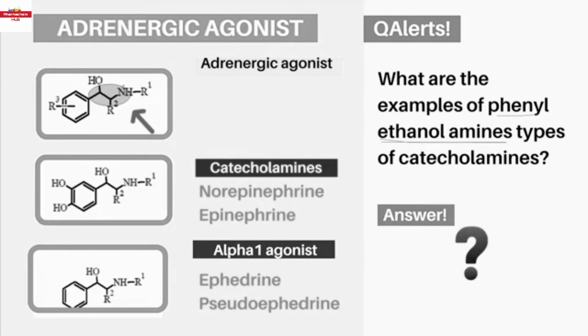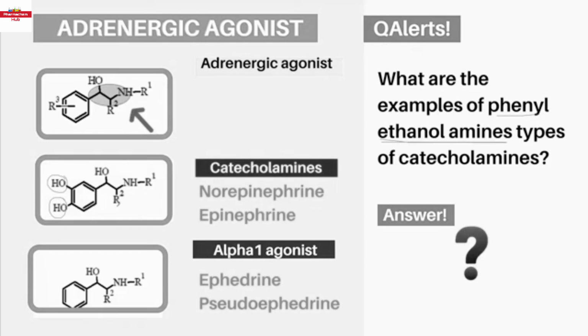Also, a highly tested point in the exam is the catecholamines. What makes them catecholamines? On this benzene ring, when you have two hydroxyl groups next to each other, that is what makes them catecholamine structures.